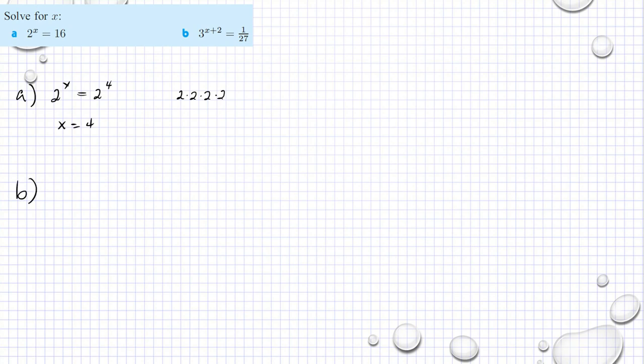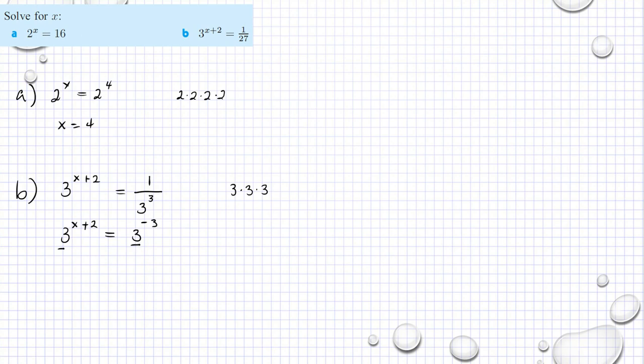For b, we have 3 raised to x plus 2 is equal to 1 over 27. 27 is 3 raised to 3, because 3 times 3 times 3 is 27. And this one, we have 3 raised to x plus 2. One law of exponents says that this will become a negative exponent, 3 raised to negative 3.